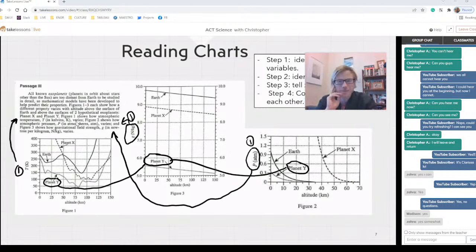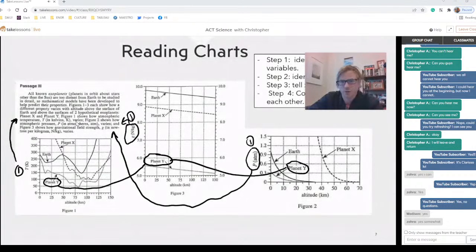And then the last figure, very quickly, again, it has altitude. So that's consistent across all three. Great, fantastic. They're all related to altitude. Again, note the scale. One of them goes to 150, the other one goes to 150, one of them does not. And then there's a third variable, and it's G. Again, we can find it very quickly.